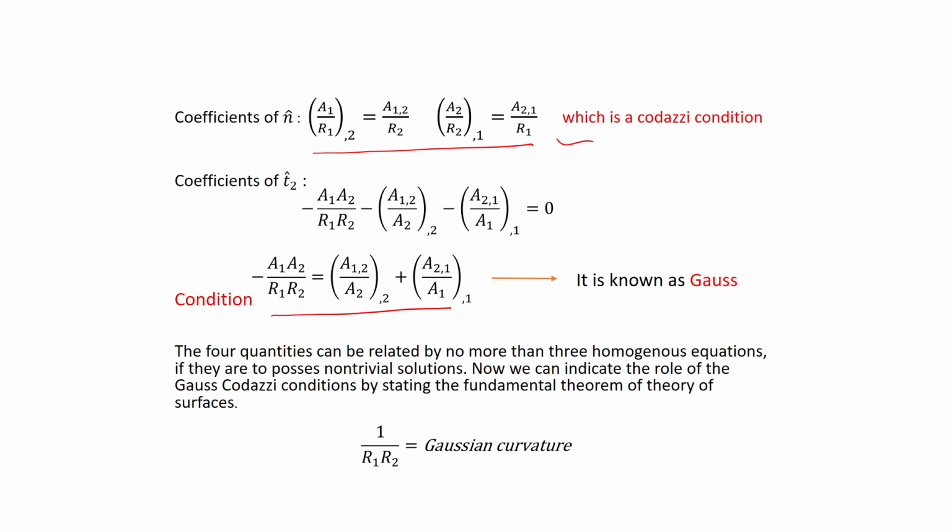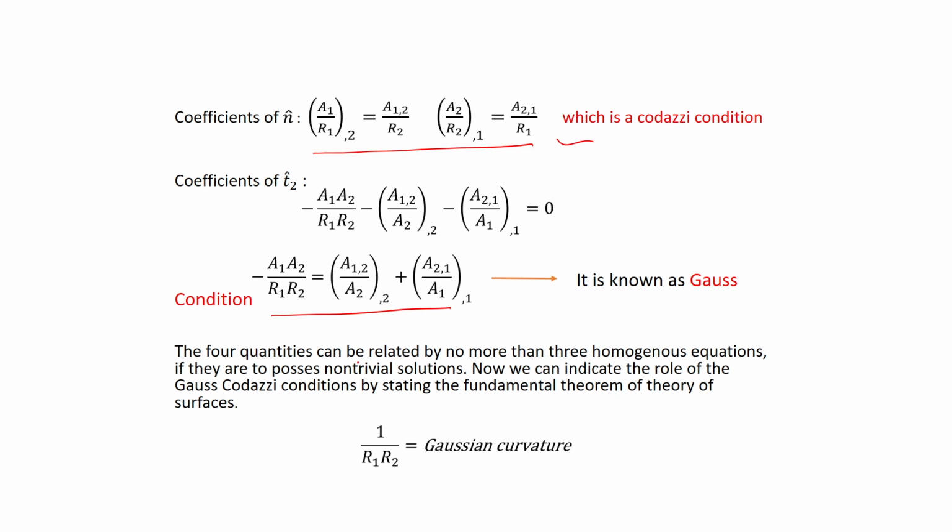If you equate the coefficients of T hat 2, that gives you the Gauss conditions, where minus A1 A2 upon R1 R2 is equal to 1 comma 2 upon A2 whole derivative 2 and A2 comma 1 upon A1 whole derivative 1.